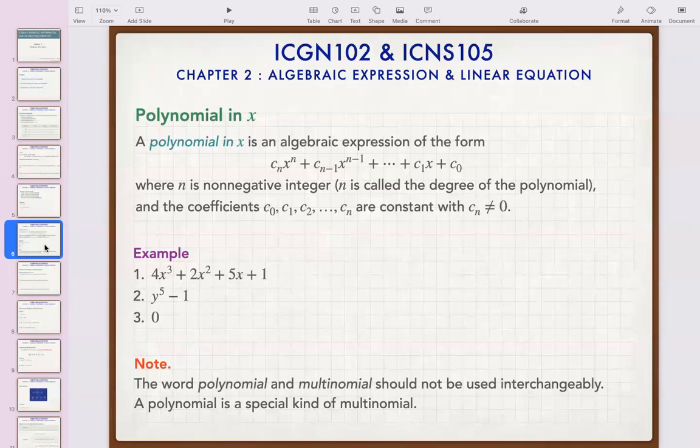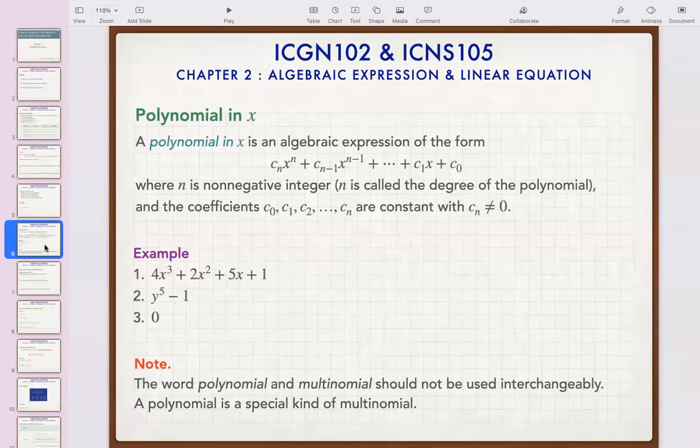That means n is called the degree of the polynomial. And the coefficients c_0, c_1, c_2 to c_n are constants with c_n not equal to 0.